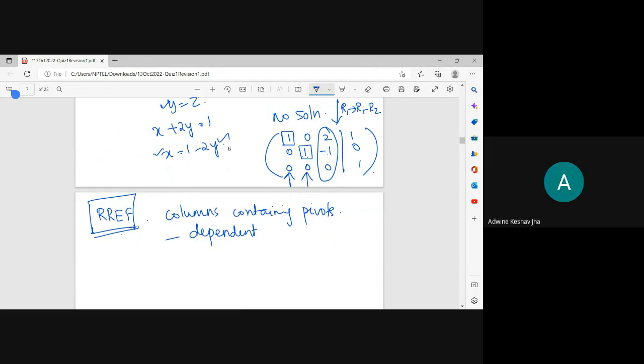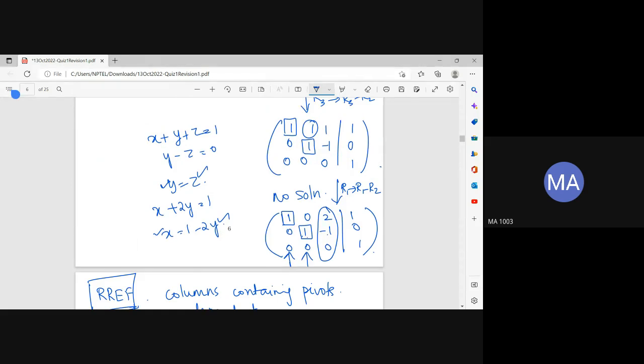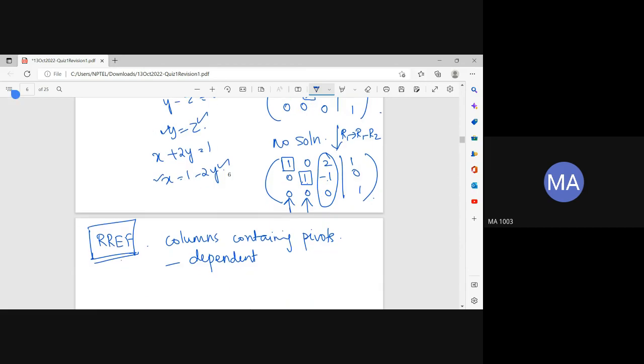When you convert it into REF, after you find Y here, you will go back and substitute to get the value of X, right? But in RREF, you needn't go back and substitute. This entry is 0, so the value of Y is not needed in the first equation, right? Yes, you get the answer directly here. That's why RREF is better. But to convert to RREF, you have to do some work.